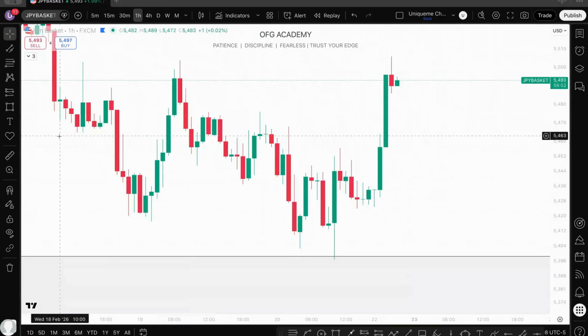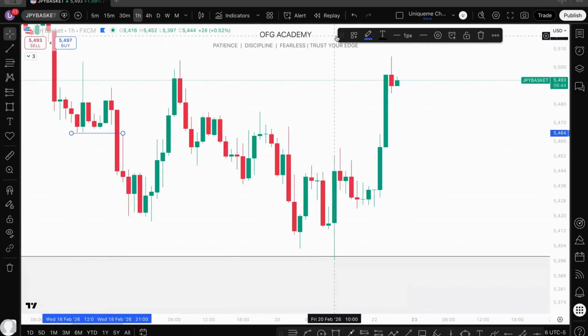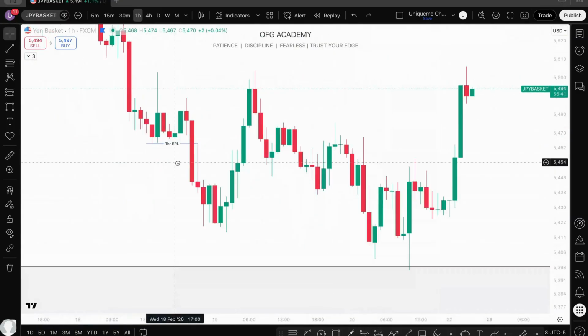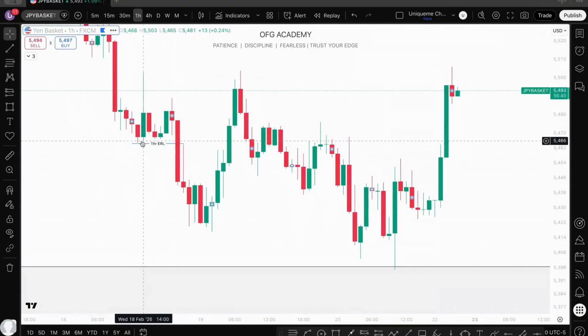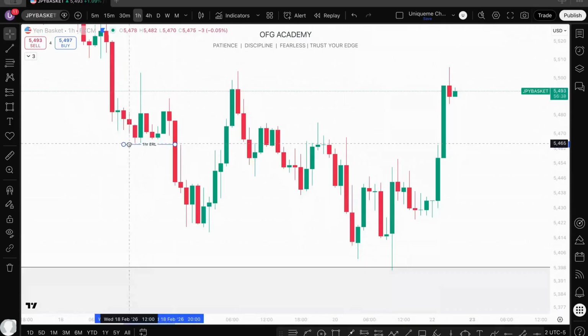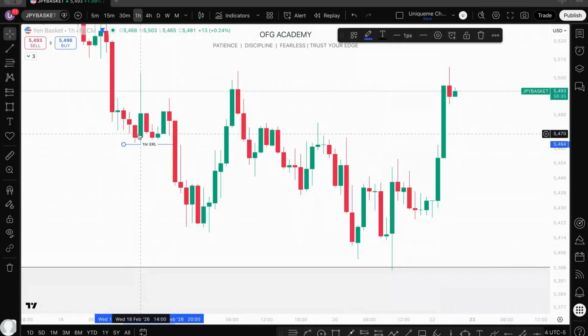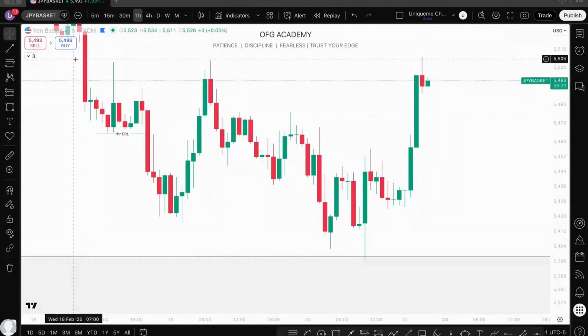Now this was a break of structure here. 1 hour structure. It was a break of structure here. There's a break of structure there, right?